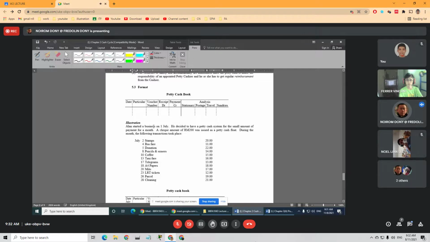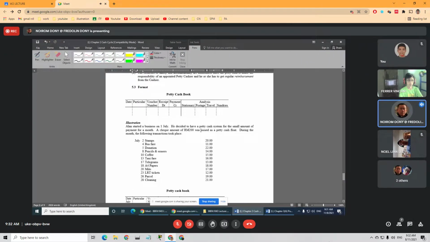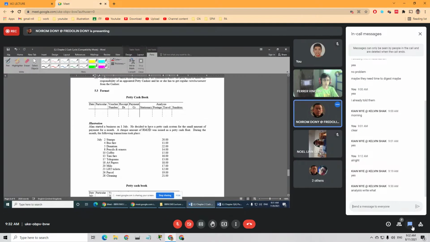So let's say this is the illustration. Alan started the business on the 1st of July. He decided to have a petty cash, a small amount of payment for a month. A cheque amount of 200 was issued as a petty cash float. So the petty cash float is the cash provided to the petty cashier. Maximum is 200.